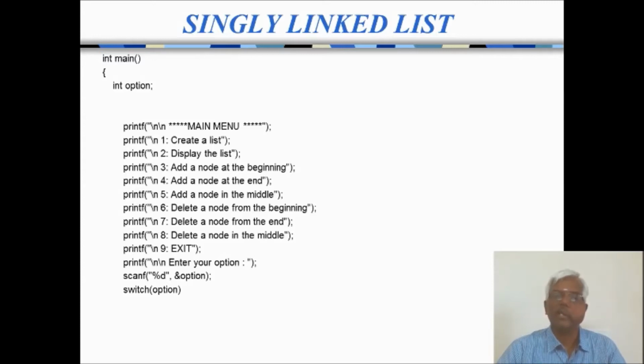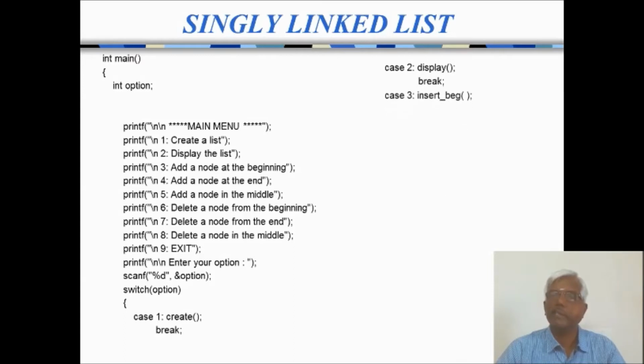So switch option and then open curly braces. Within the open and close curly braces, we are going to write case 1, case 2, case 3, case 4, etc. Now we see for case 1, we are going to call the create function and then break. If it is case 2, we have to call the display function and then break.